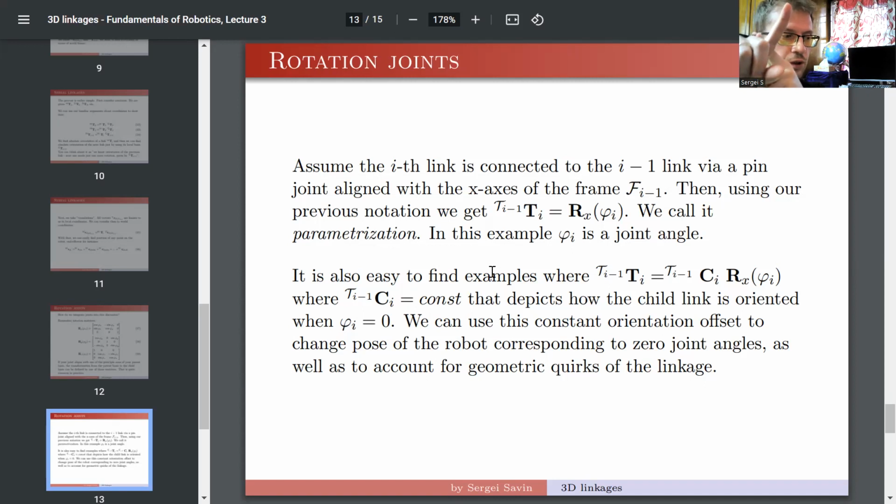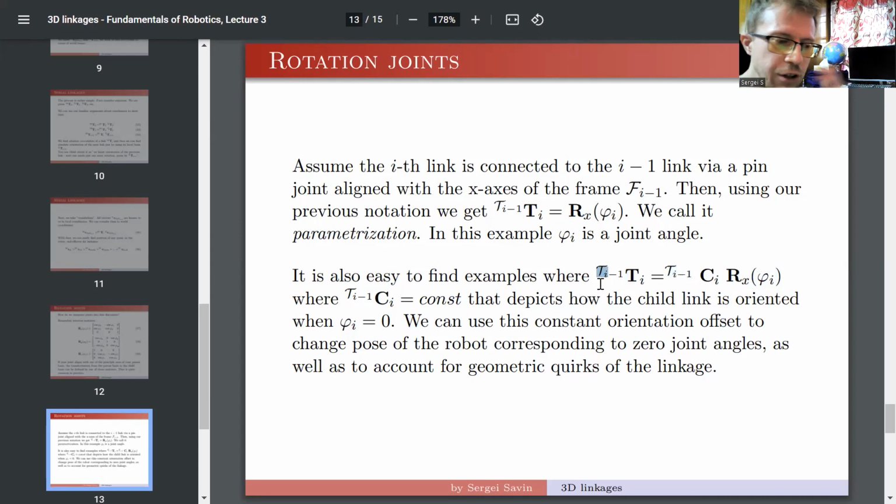One matrix will shift your x-axis into the direction of the joint, and the second matrix will be your Rx matrix. What I suggest is you first change the orientation of your basis so that one of the principal axes aligns with your pin joint, and then you do the same trick as here.